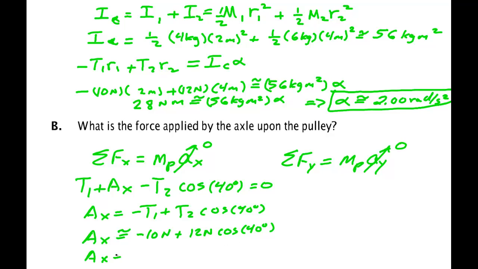So AX is approximately minus 10 plus 12 cosine 40, which is 0.807 newtons.